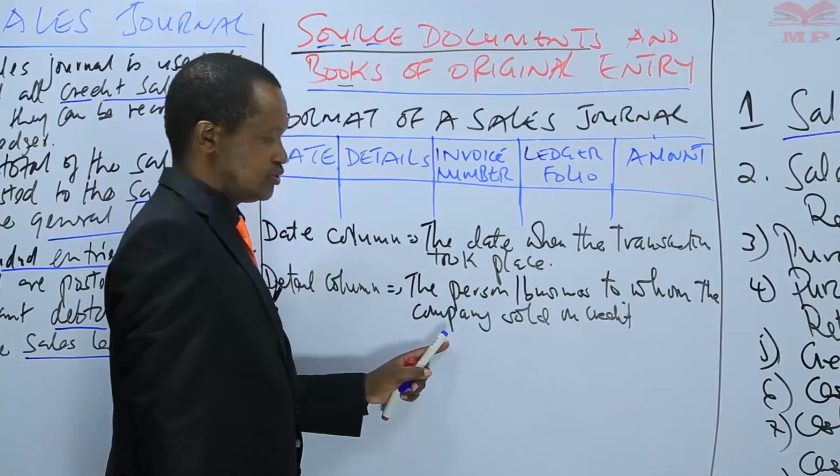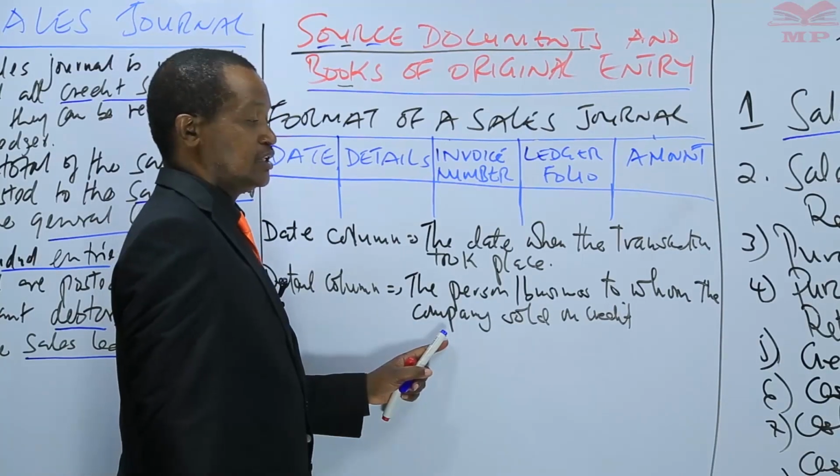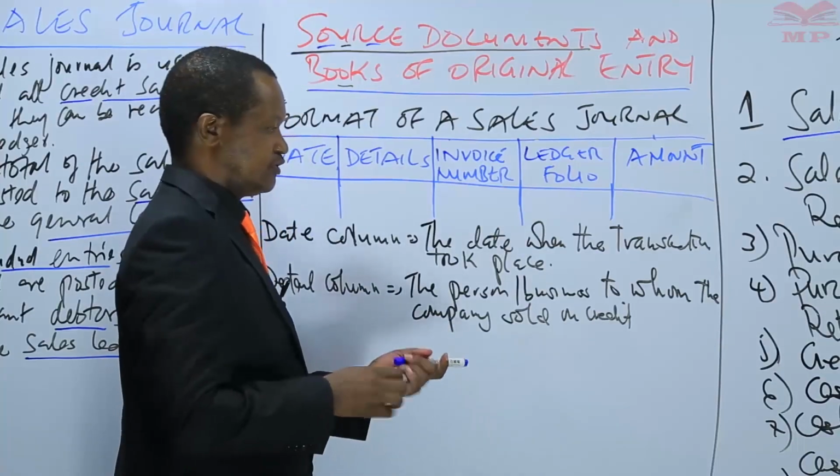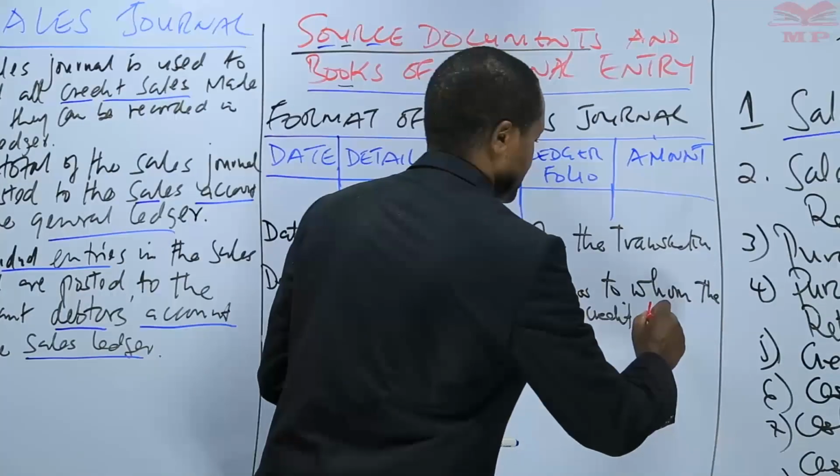This person to whom the business sells on credit is what we refer to as a debtor.